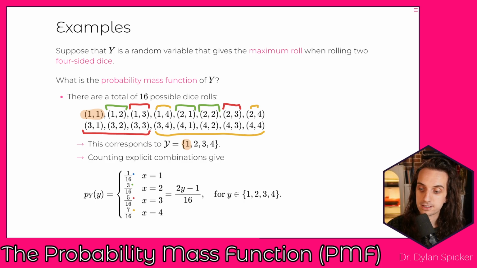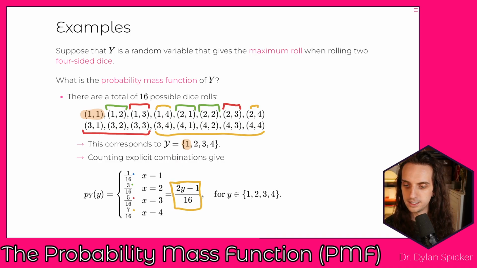Now, if you want to write this out explicitly, you can see that each of these values is (2y minus 1) out of 16, right? So if you plug in 1 here, then 2 times 1 minus 1 gives us 1 out of 16. Plug in a 2, that's 4 minus 1 for the 3. Plug in a 3, that's 6 minus 1 for the 5. Plug in a 4, that's 8 minus 1 for the 7. So 2y minus 1 for y in any of these values.